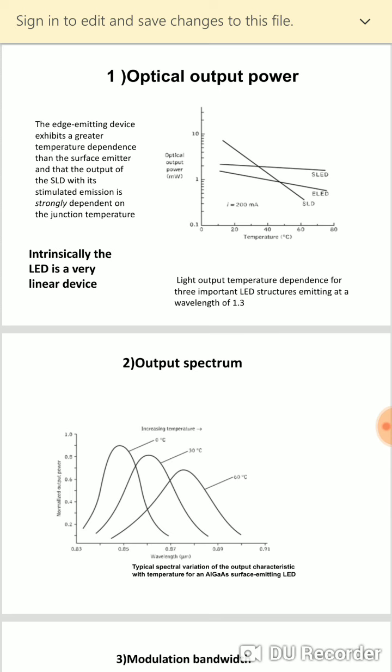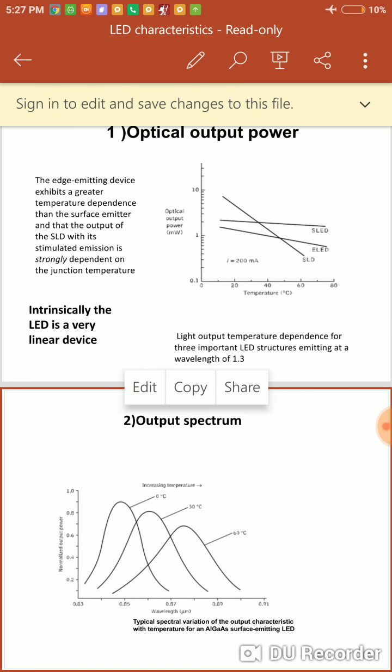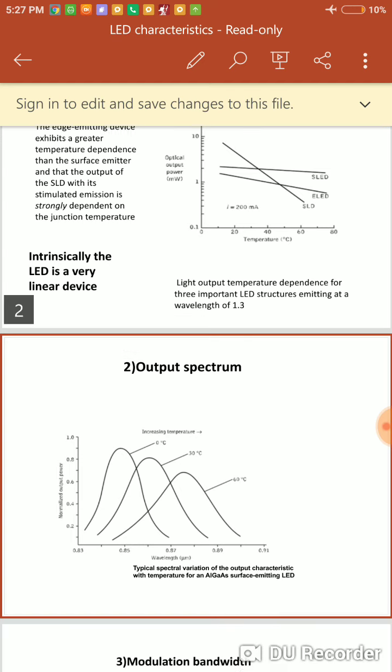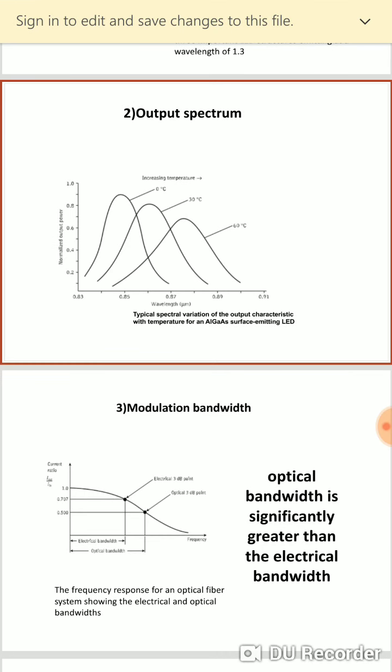If the output spectrum is wide, that shows more wavelength difference, and such a non-chromatic source of light is not used at the input. That is the output spectrum. The effect of increase in temperature on the output spectrum is also covered: as the temperature increases, the output spectrum gets broadened. That is the second characteristic.